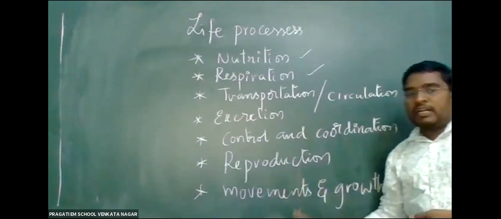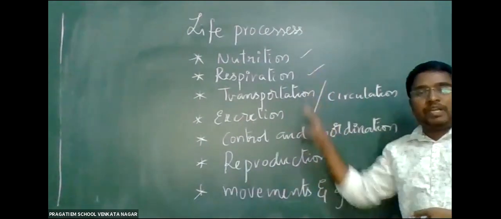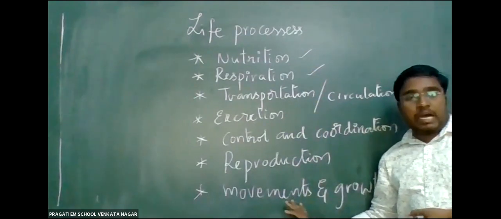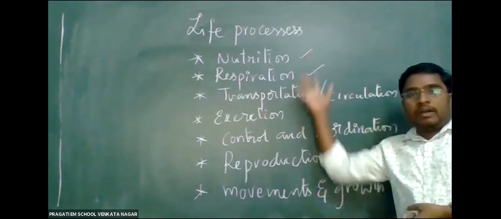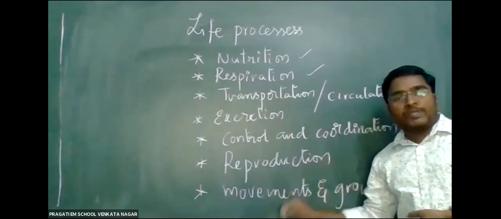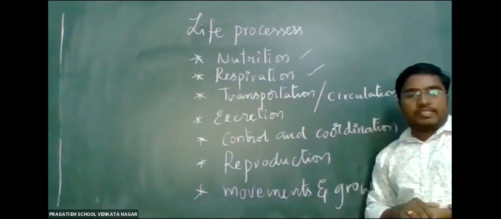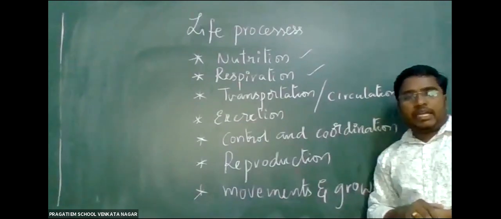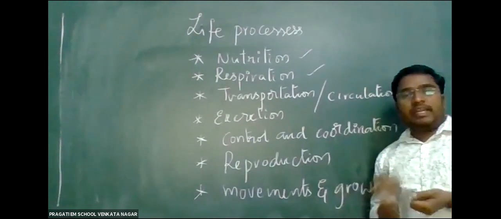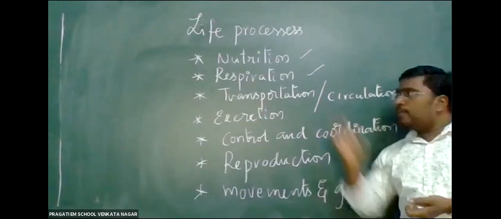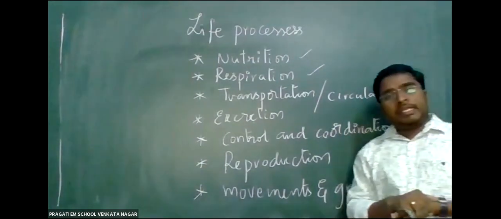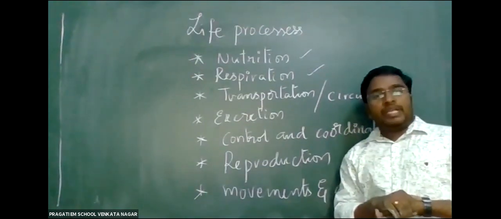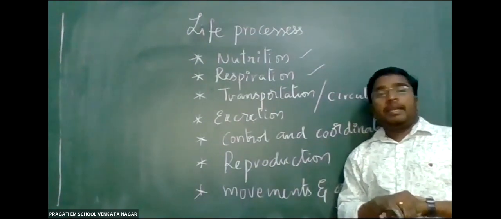These life processes are absent in non-living things. For example, bikes or motorcycles cannot perform these functions, whereas human beings, animals, trees and plants can.